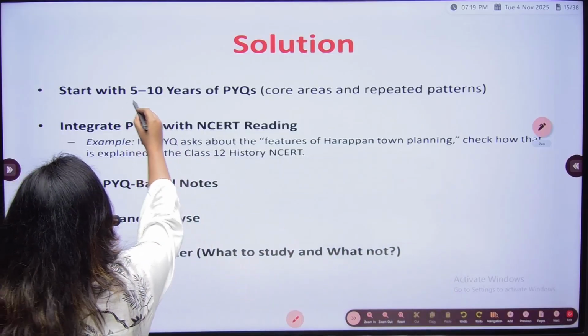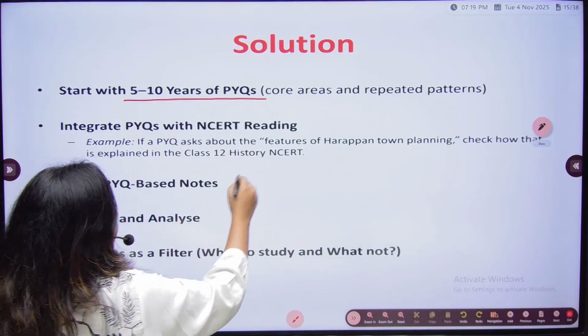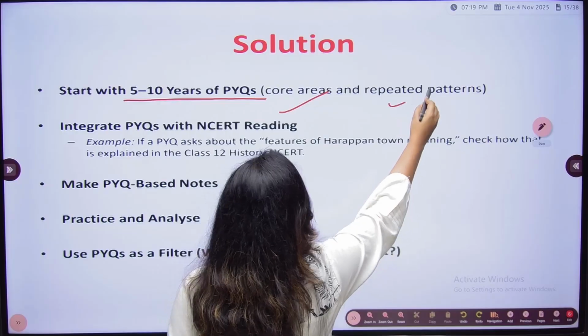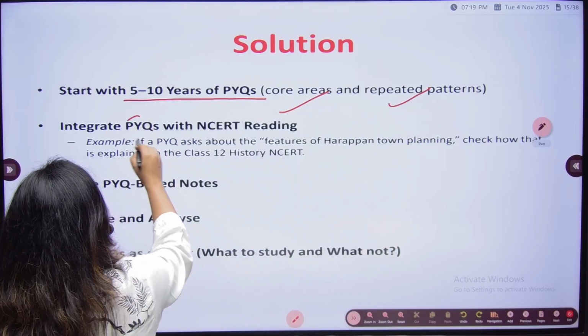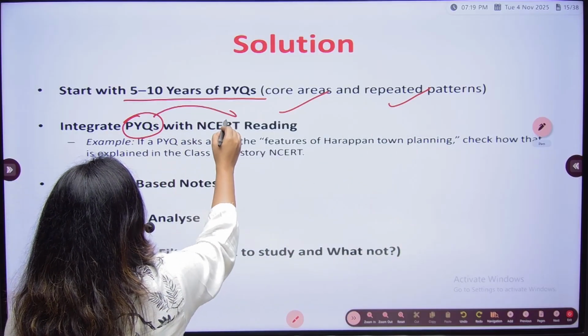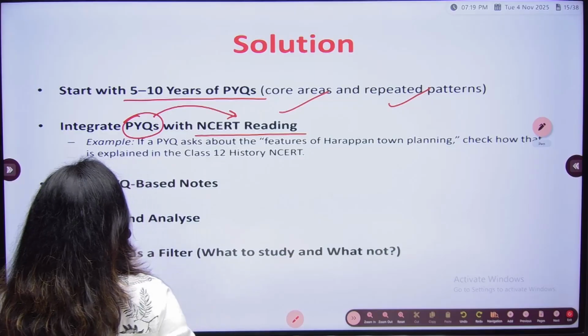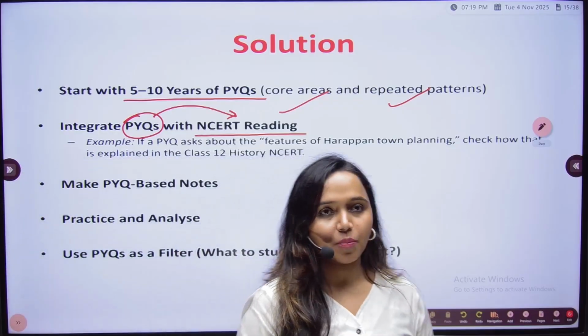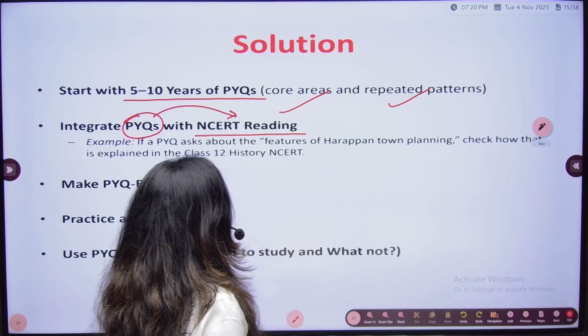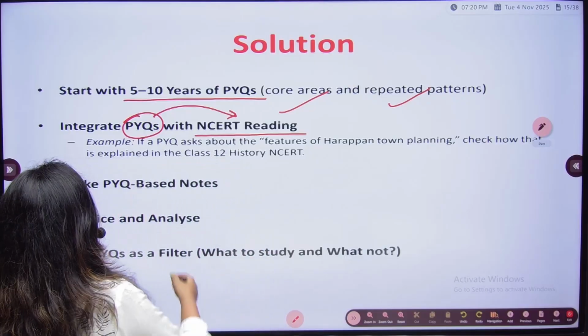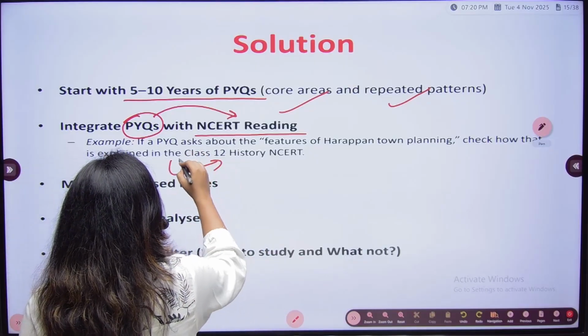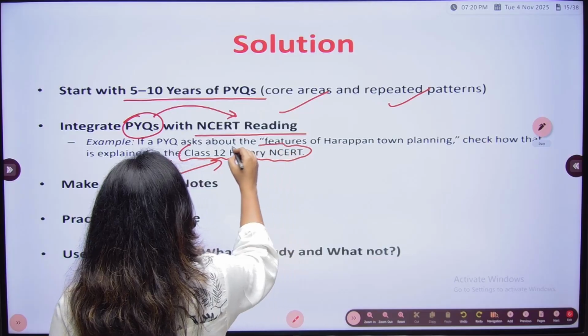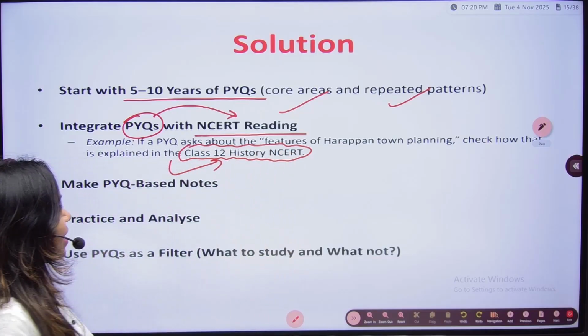So start with 5 to 10 years of PYQs. Know the key areas and repeated patterns. Integrate those PYQs with NCERT. Okay. For example, if a PYQ asks about the features of Harappan town planning, then you can see how that particular topic is given in the Class 12 NCERT.